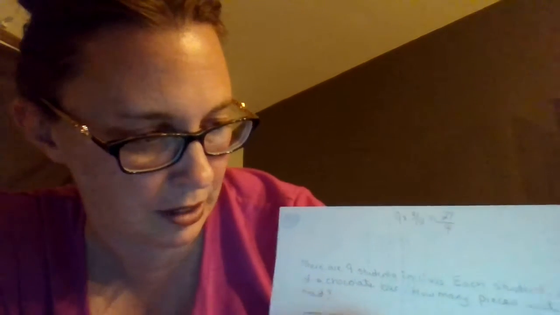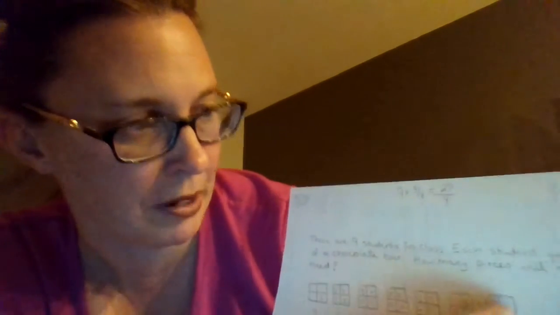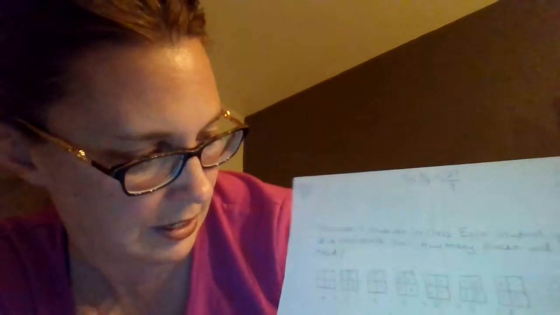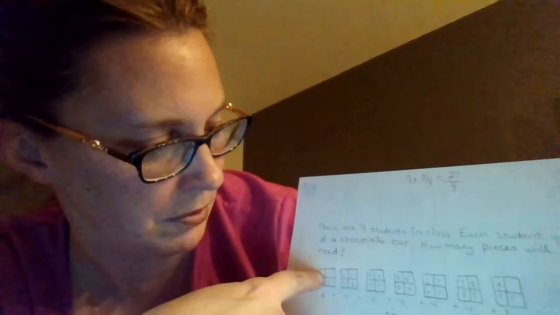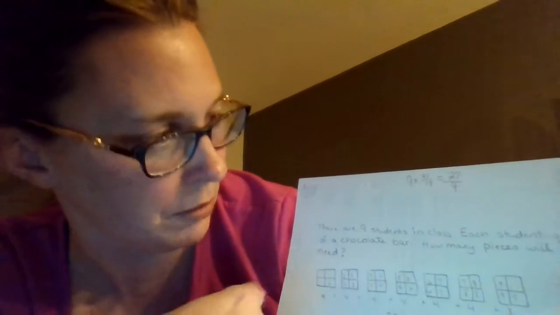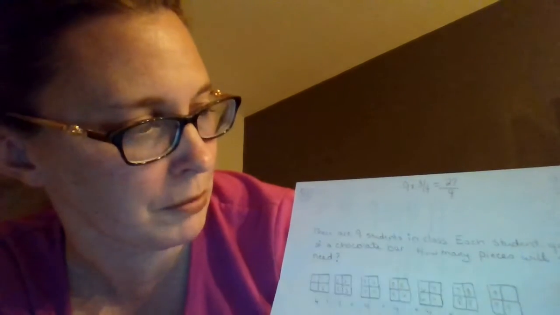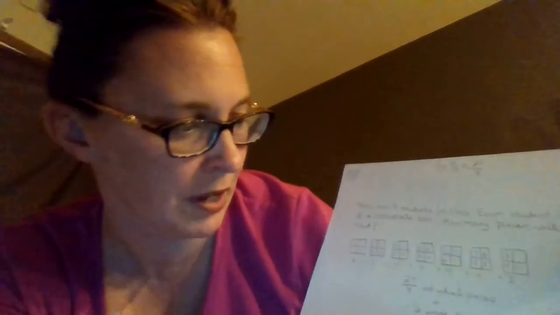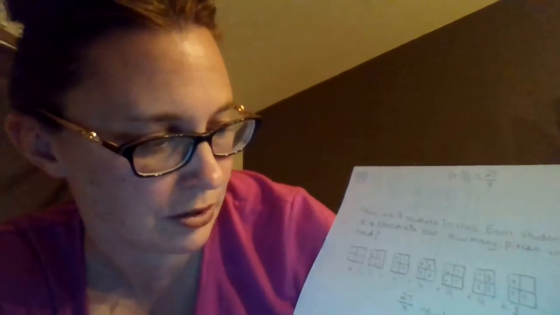And you keep using up all the pieces until you get all the way through, and you come out with 27/4. So 9 people got 3/4 of a chocolate bar, and that comes out to a total amount of pieces of 27/4. If you break 27/4 down, it'll also go to 6 whole pies and 3/4 of an extra pie, or 6 3/4 total pies that were used.